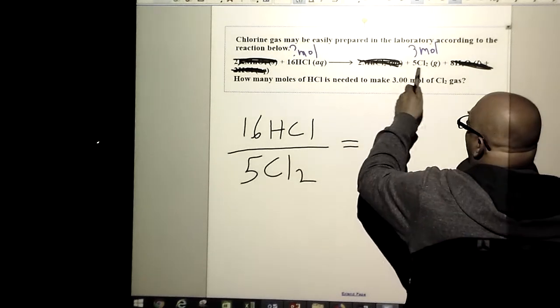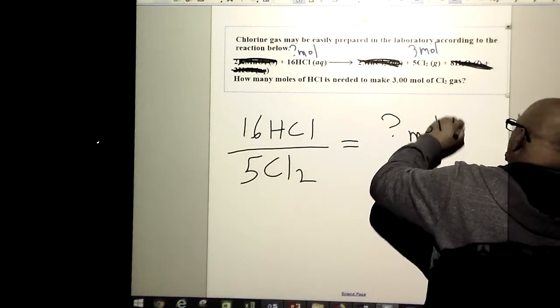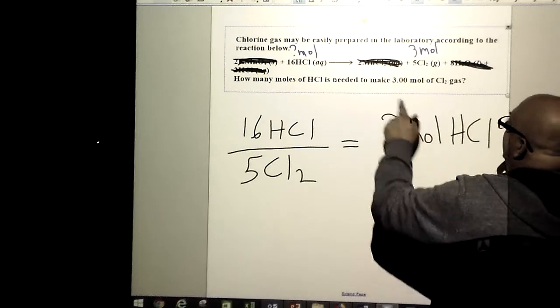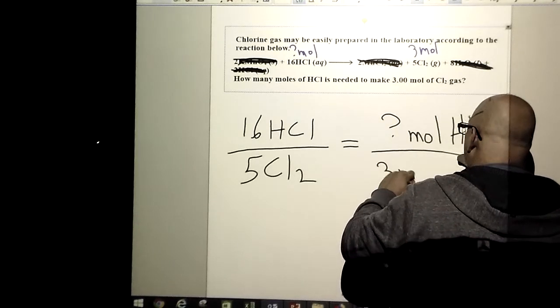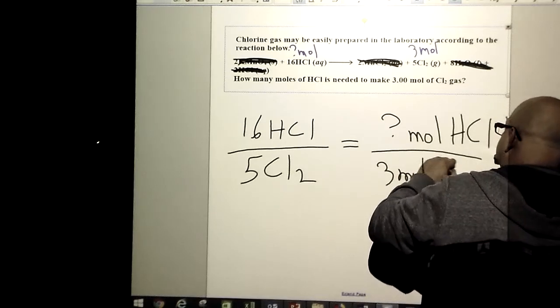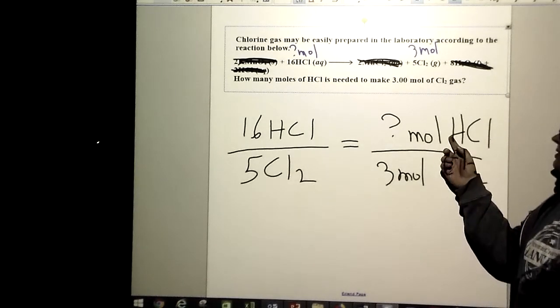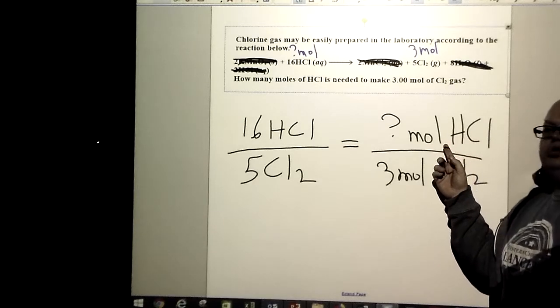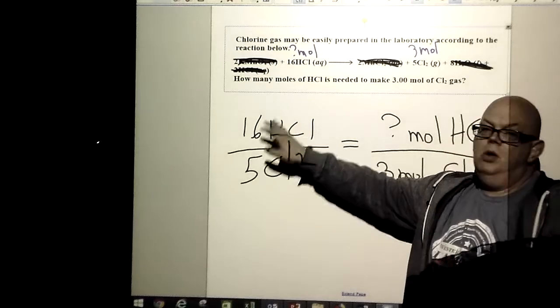So in this case, I'm looking at X moles of HCl over 3 moles of Cl2. Now notice I didn't put a 5 here, I didn't put a 16 here. You don't need to, because this is just the ratio, okay?